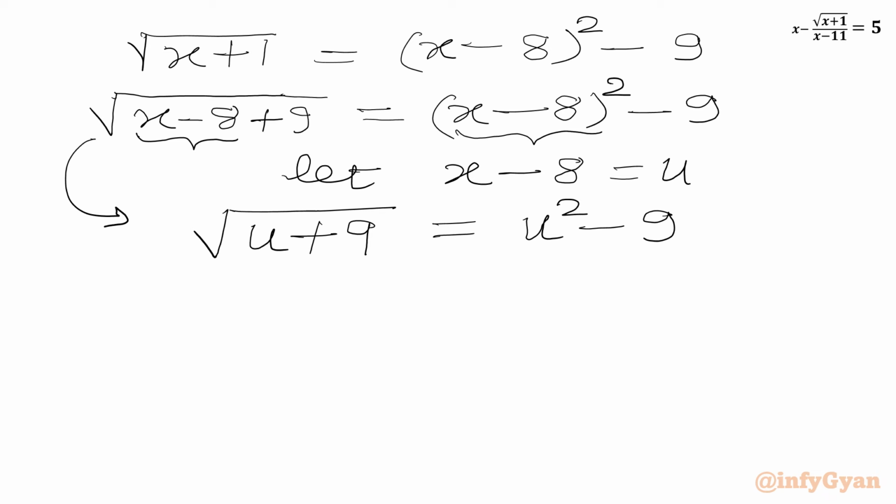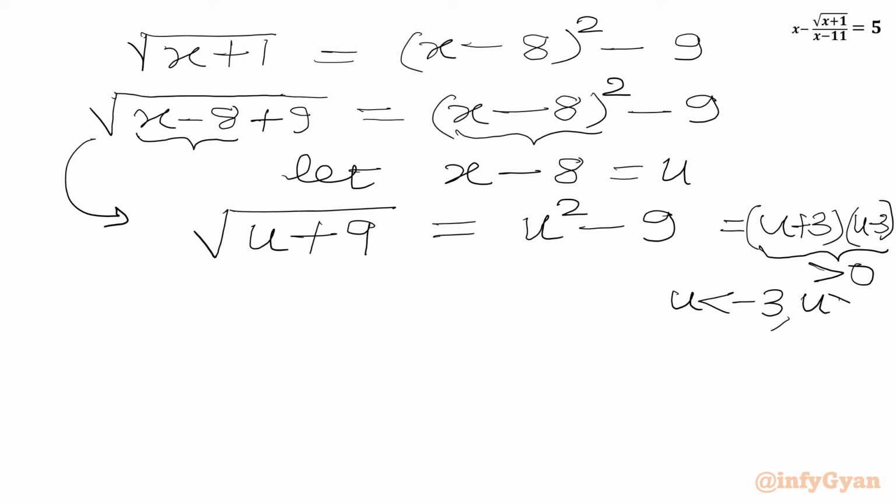Now I will find the domain of the equation first. So u square minus 9 can be written as (u plus 3) times (u minus 3). From the RHS this should be positive, so u should be less than minus 3 or u should be greater than 3. Now from the LHS this radicand must be positive, so u should be greater than minus 9.